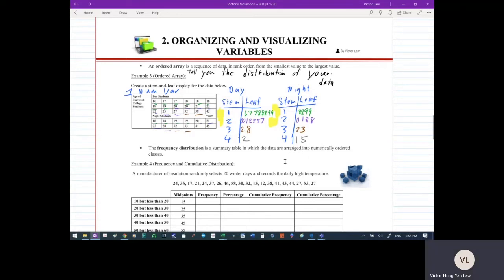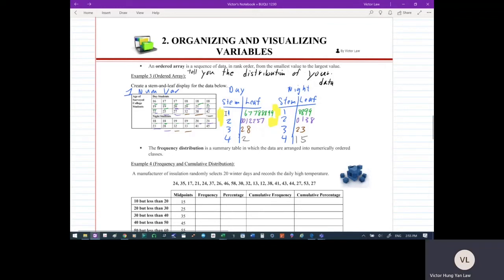Why is the stem and leaf display important? Because it tells you the distribution of your data. At a glance, we know exactly what our distribution looks like. If we compare the daytime and the nighttime, we see that for daytime, a majority of the students are in the 10s and 20s, about three times that of the 30s and 40s.